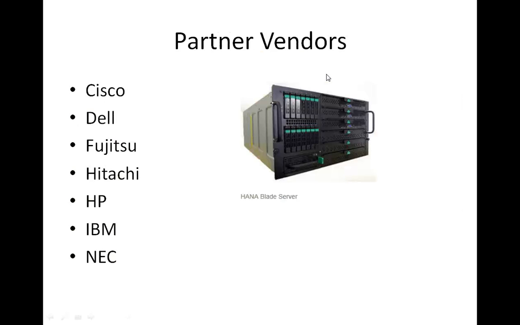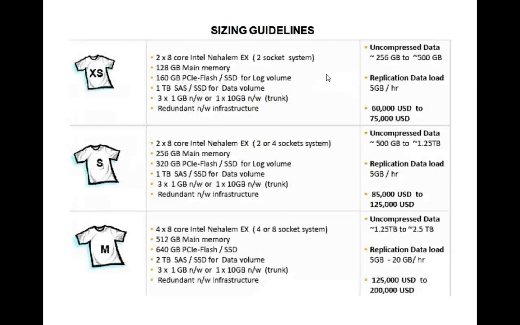Some of the partner vendors that you have here are providing the SAP HANA Blade service. The sizing guidelines, the servers that are available for different enterprises basing on the uncompressed production data and the replication data load or replication speeds. So you have different servers.